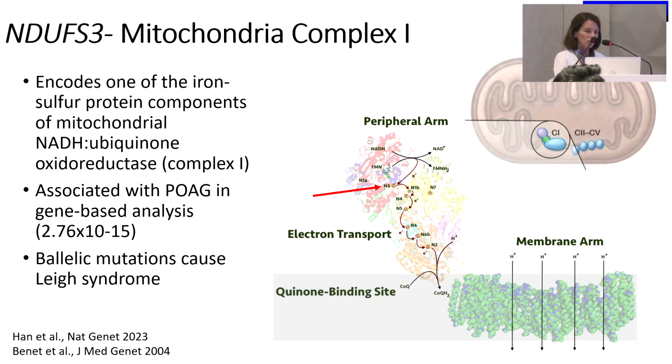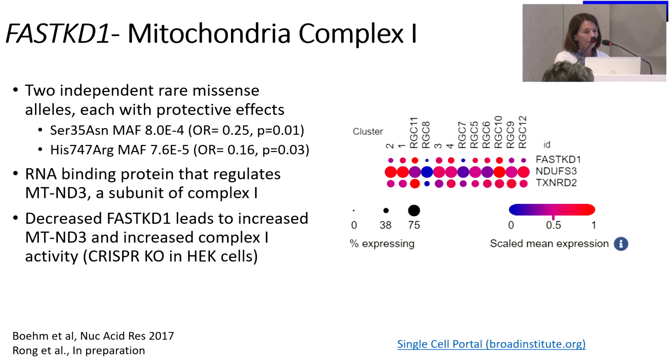And this gene has been associated now with POAG in gene-based analyses from the last GWAS that's been published, Han et al. in Nature Genetics, with a very significant p-value. So this indicates that dysfunction of complex 1 leads to mitochondrial dysfunction and potentially then increases susceptibility to glaucoma.